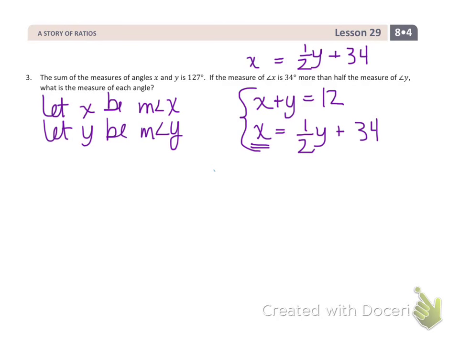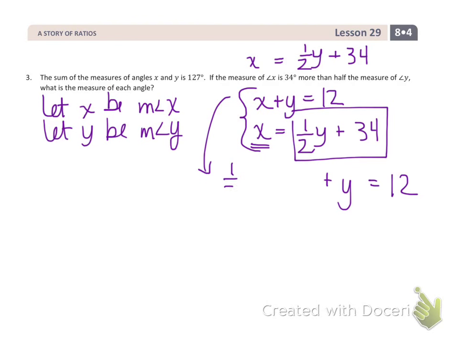I know that x is equal to 1/2 y plus 34, but I'm going to rewrite this: x plus y is equal to 12. And x is this expression right here. 1/2 y plus 34 plus y is equal to 12.